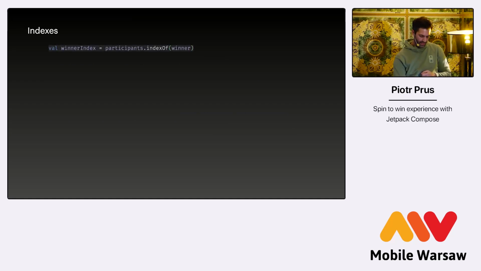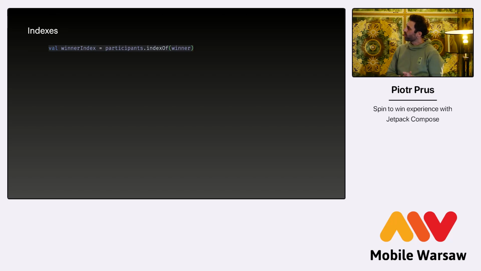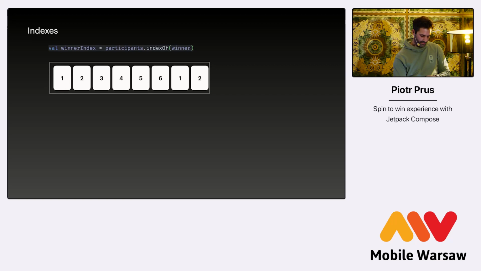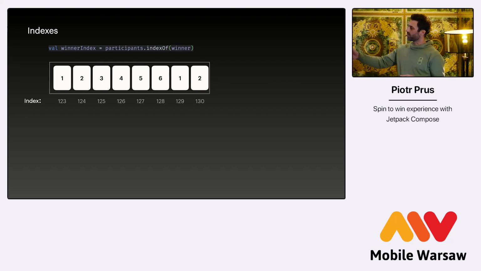And for the indexes, we'll need to know what is the winner index, and as we know already who is the winner, we just need to know their index. But if we are scrolling really fast, those indexes are not 0, 1, 2, 3, but they're actually like 120 or even 1000.